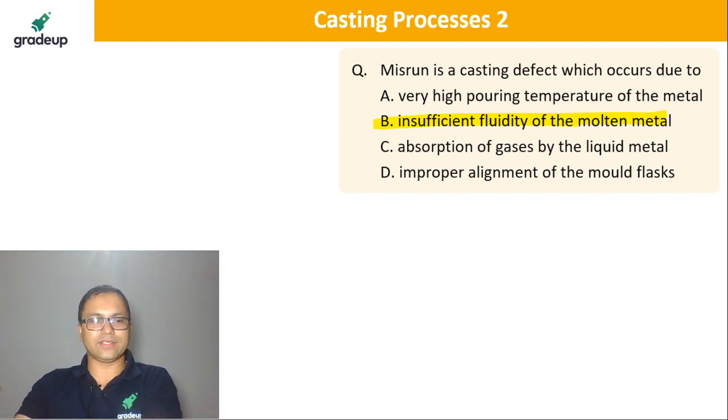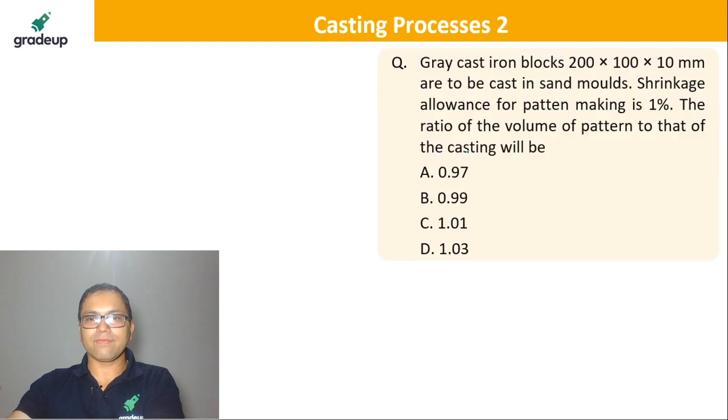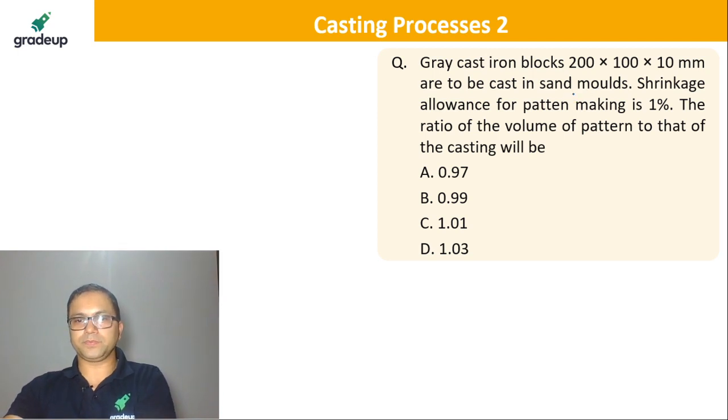Okay, now the next question. Gray cast iron blocks are given to you. Gray cast iron blocks are to be cast in sand molds. Yes, Sanjeevi, B is correct. Kiran, yes, B is absolutely correct. Now shrinkage allowance for pattern making is 1%.